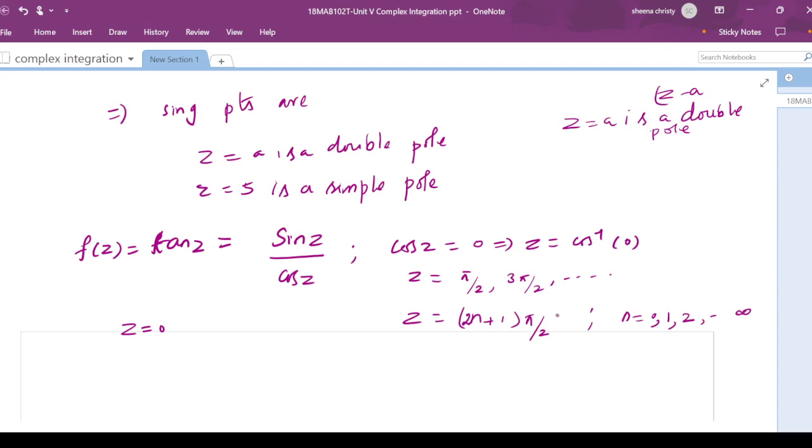At the point z equal to 5 pi by 2, you are having 0. So it is an essential singular point.